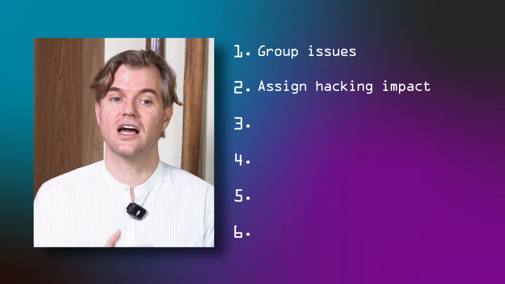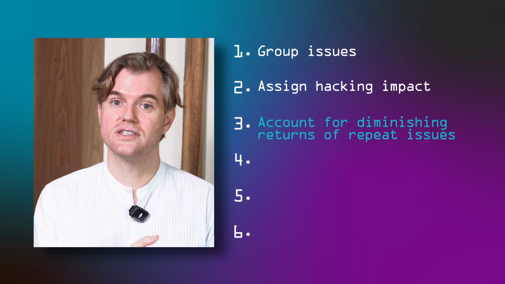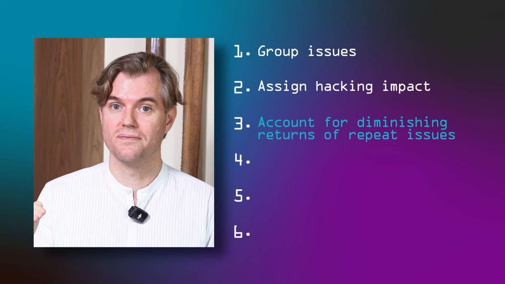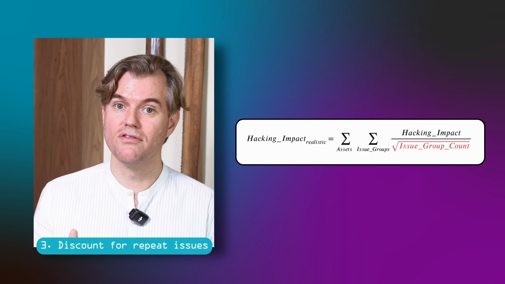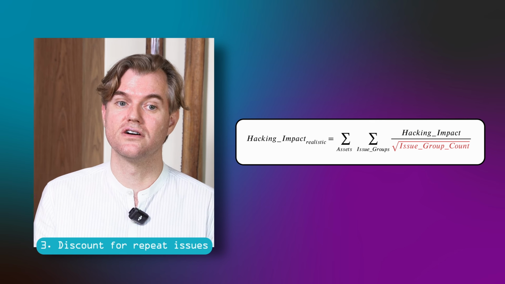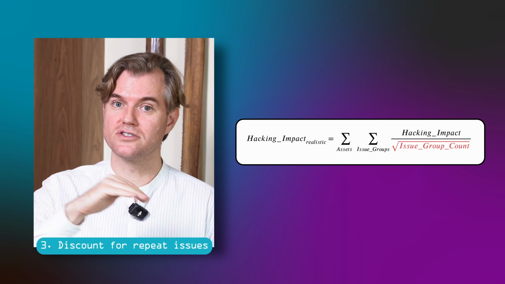So we need to discount for this, basically saying if the same issue is present on multiple servers, it faces diminishing returns. And we account for this using the number of occurrences of this issue type, the issue group, across different servers. And we use the square root. The square root nicely models diminishing returns.